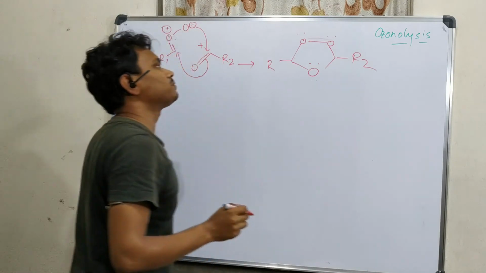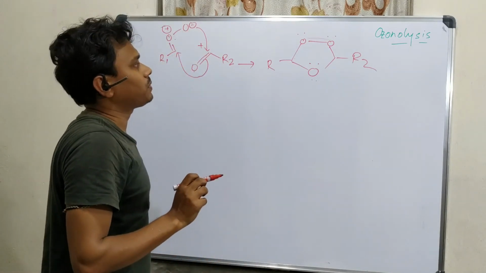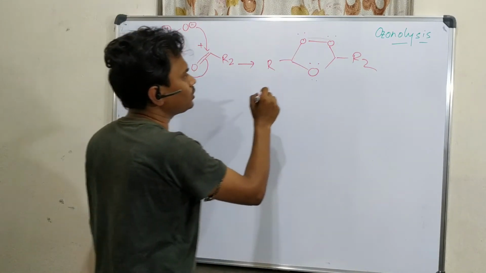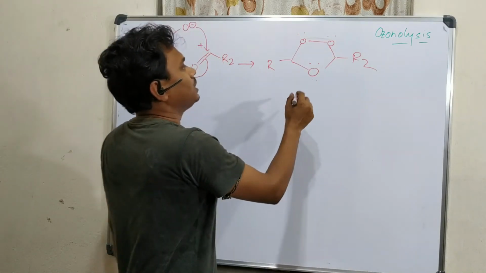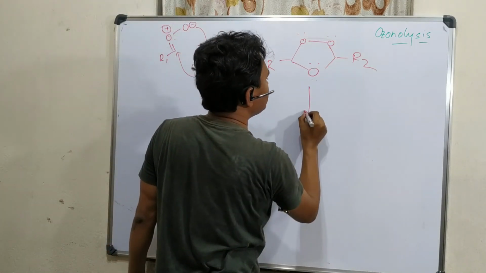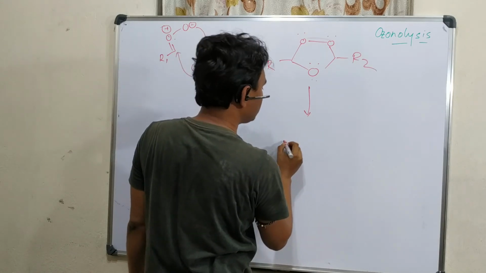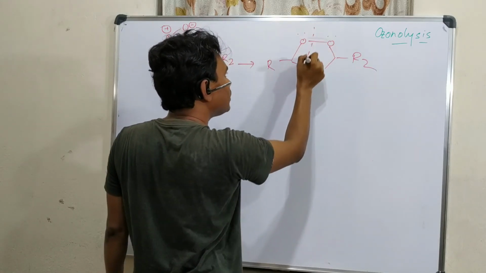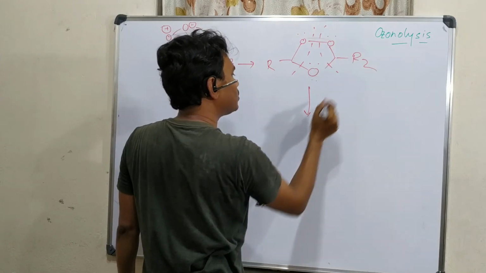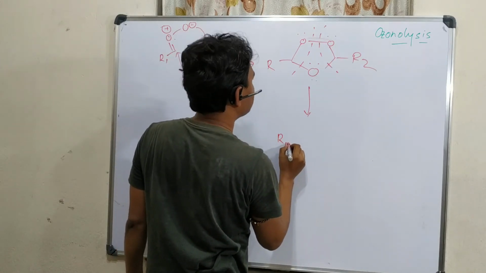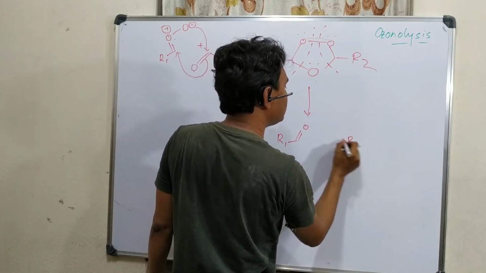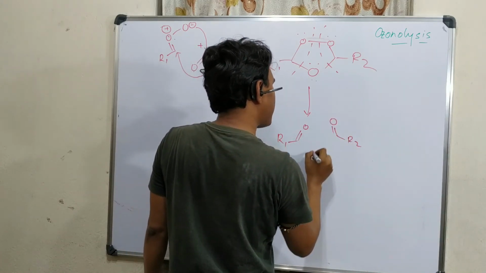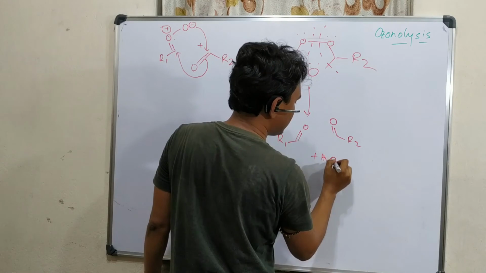Another thing, it still contains the peroxy linkage. So what will happen? This will break into the corresponding products. What do I mean? It will be broken in this way to produce R1 CHO and R2 CHO plus hydrogen peroxide.